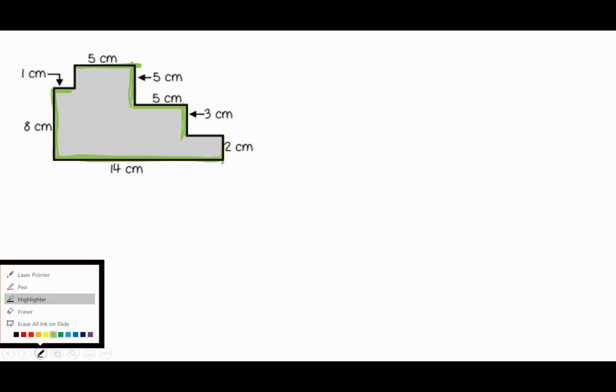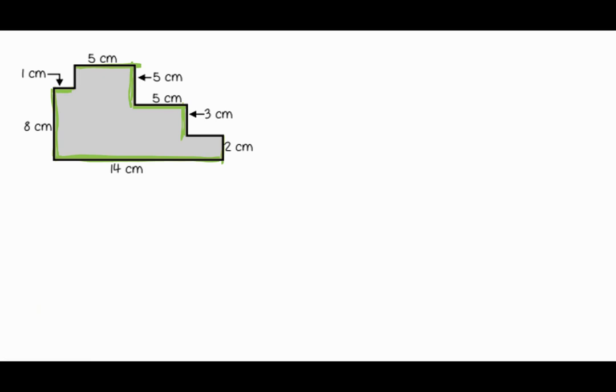So we are going to look for those 2 specific missing sides. We'll do the one across first. You see that it's a total of 14. So this side is 1, plus this side is 5, plus this side 5, plus whatever this is, should equal 14.